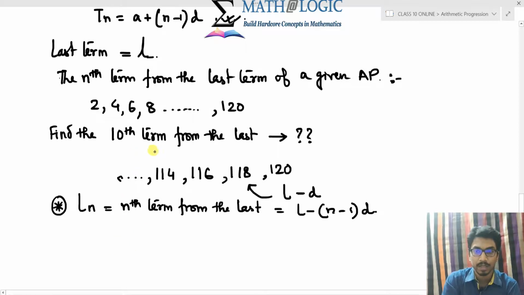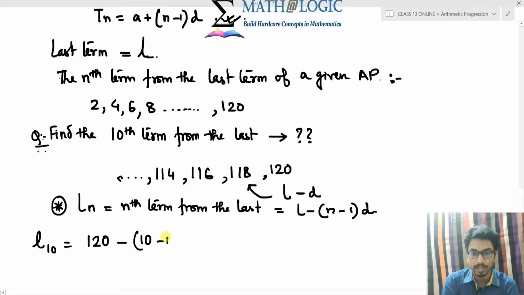See, the 10th term from the last, this was the question, the 10th from the last of the given series 2, 4, 6, 8 up to 120. As 120 is the last term, we can say L10, the 10th term from the last, is 120 minus (10 minus 1) multiplied by the common difference, obviously 2.